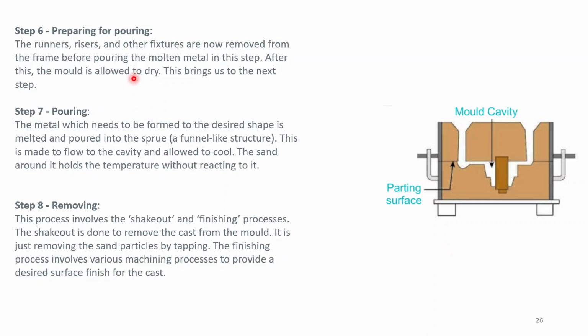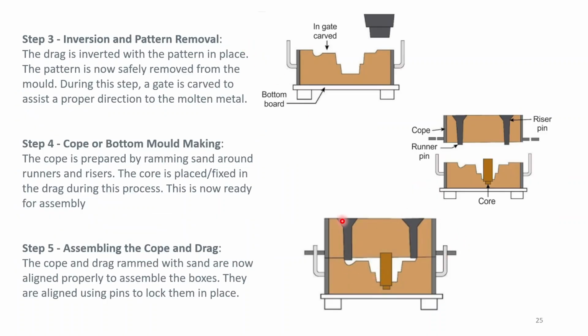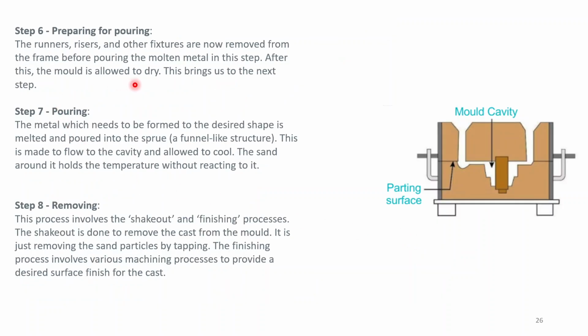Next step is preparing for pouring. The runners and risers and other fixtures are now removed. Previously you had these parts, right? These are made of wood. So these are also removed in this step, and the frame is removed before pouring the molten metal.